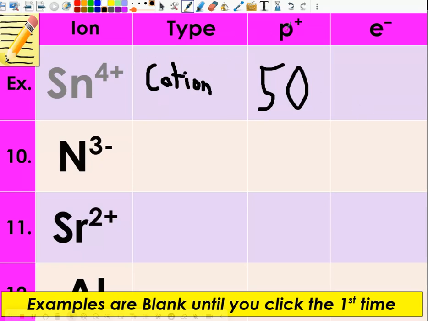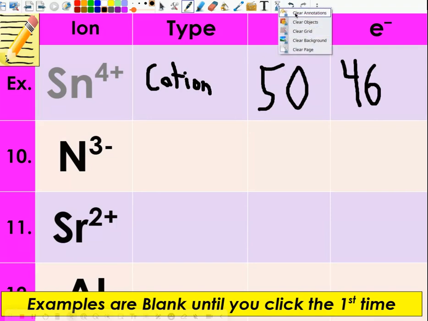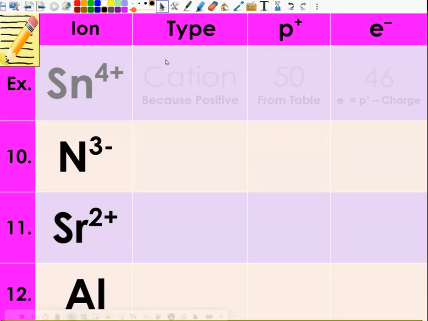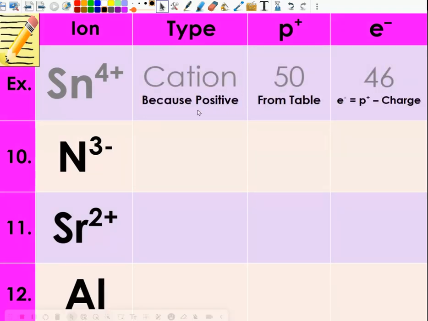I then have to take my protons, 50, minus my charge, 4 positive, to get my electrons of 46, matching the example earlier. This, of course, is already written in your notes and should be specified like you see here, where it tells you where everything comes from.